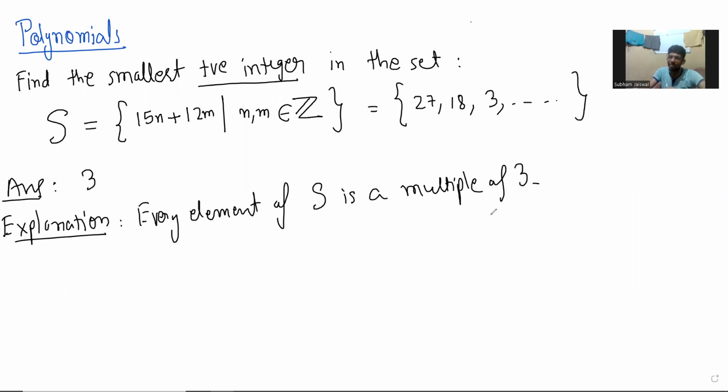So what's the smallest positive multiple? 3. You cannot get less than 3. Yeah. So is it clear? Certainly you cannot get less than 3 and positive, because the smallest multiple is 3. But it's also true that you do.